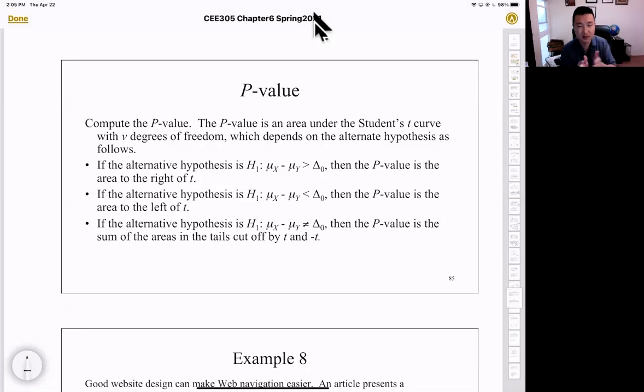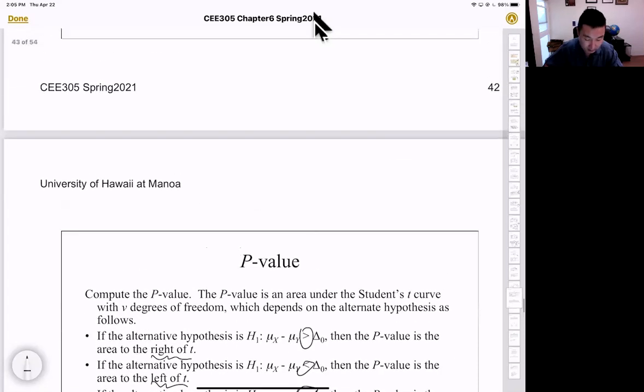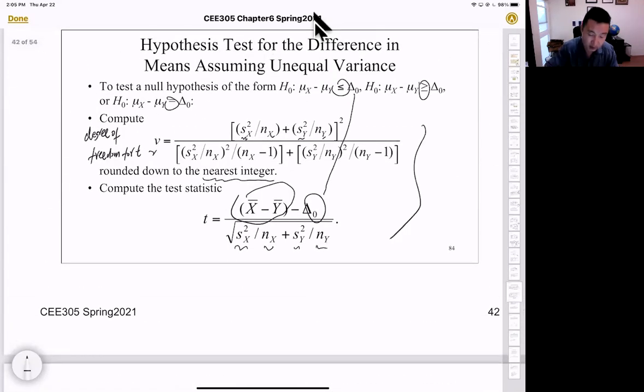It's the same setup as other situations. When H1 is mu x minus mu y larger than delta 0, the p value is to the right of the t value. Less than is to the left, not equal is two tails added together. Same thing as before. The only difference is the equation here.